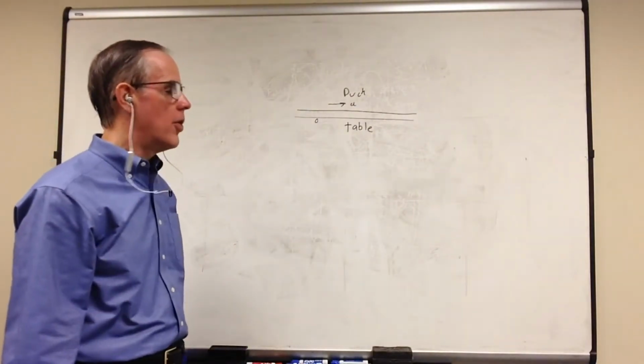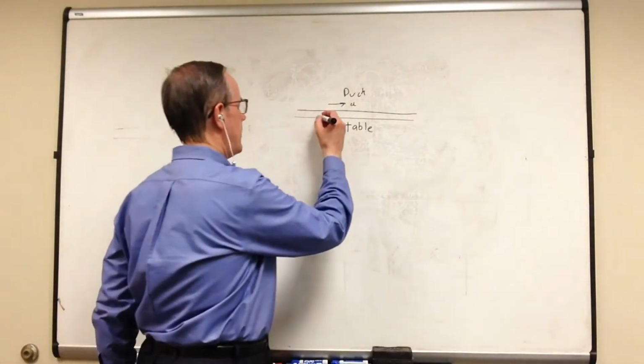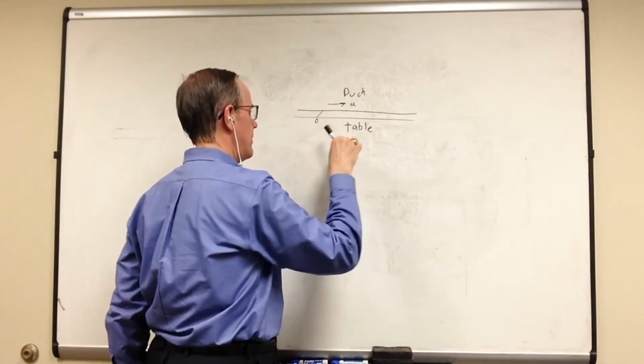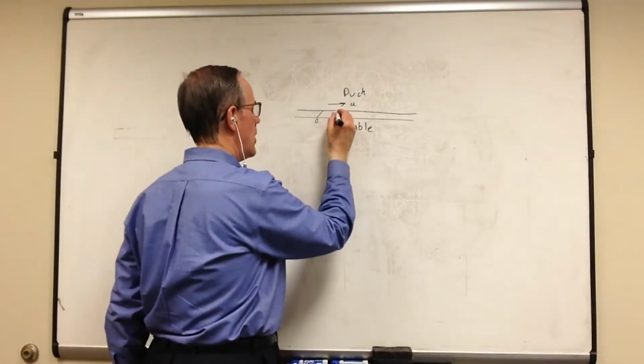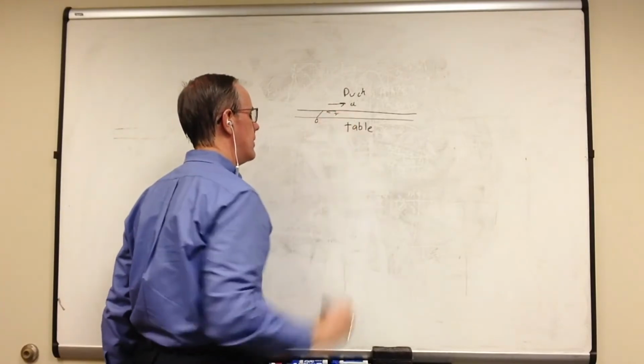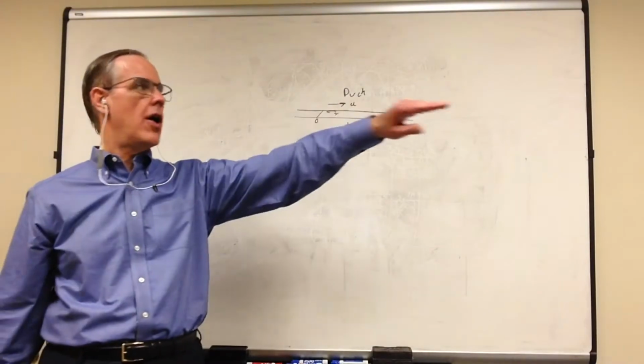And for Newtonian fluids, I'm going to state that before I define it, the velocity varies from table to puck in a linear manner, and in the process puts a shear stress on the puck.